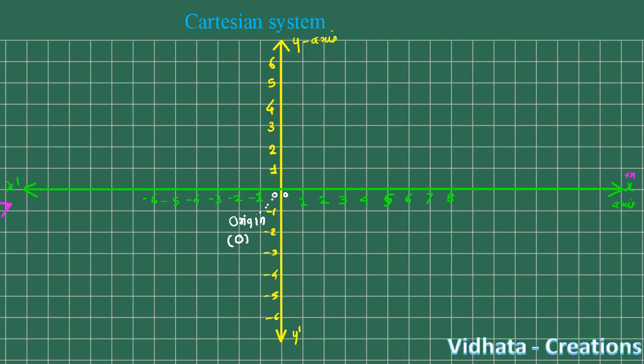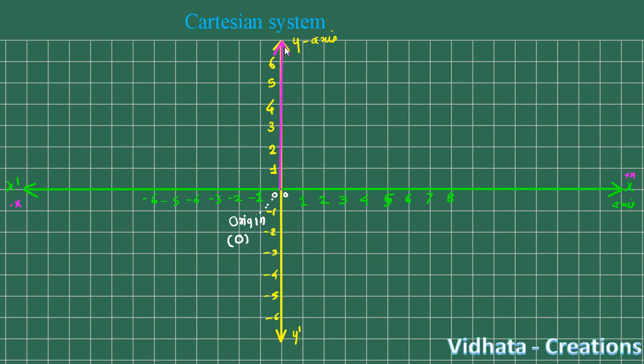What can you say about the negative x then? Negative x is from 0 to left hand side, we call it negative x. What can you say about the y? If you see about the y, from 0, if you go up in this direction, then it is positive y.